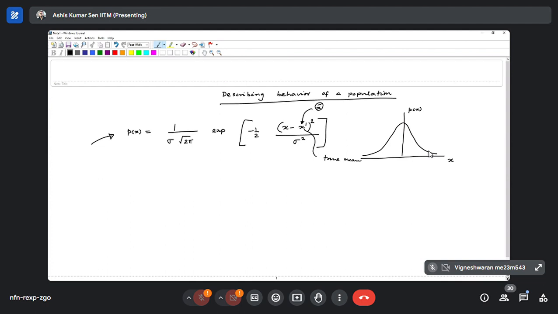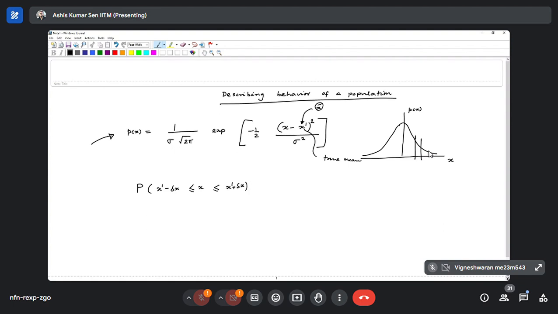So if you want to know what is the probability that a measurement will lie within a certain interval, then you can find out that P, the probability that the measurement will lie between, let's say, x prime minus delta x less than or equal to x less than or equal to x prime plus delta x.